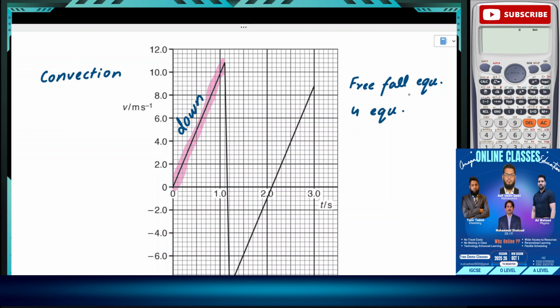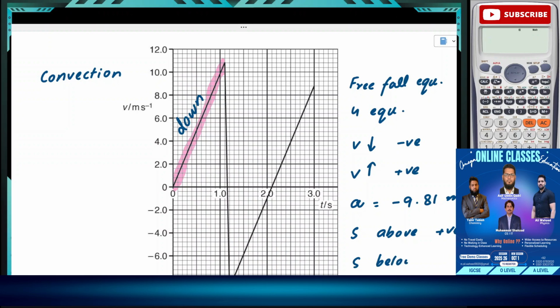But when you use it for the free fall, when the ball is moving vertically, the convention was velocity downward negative, velocity upward positive, acceleration always negative, minus 9.81 meter per second square. Likewise, displacement above the reference point positive, and displacement below the reference point negative.